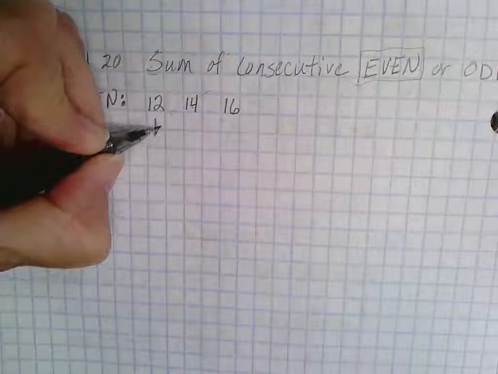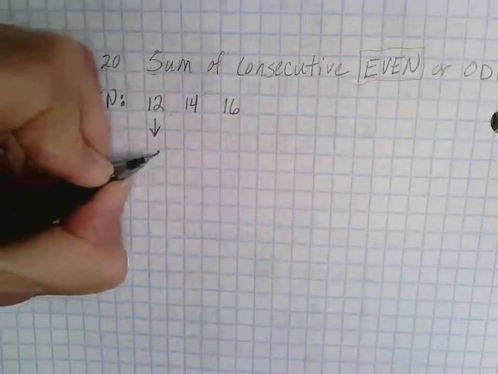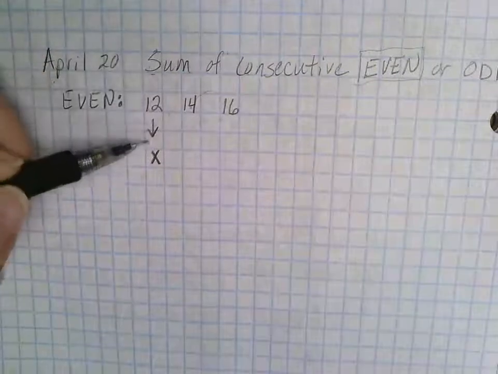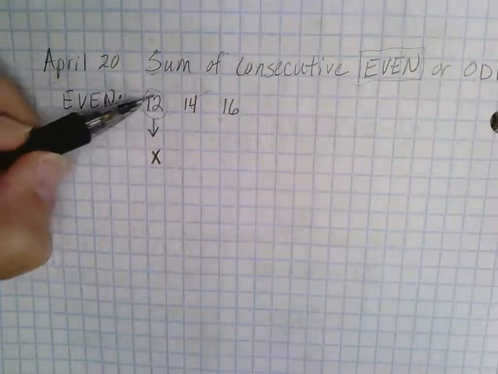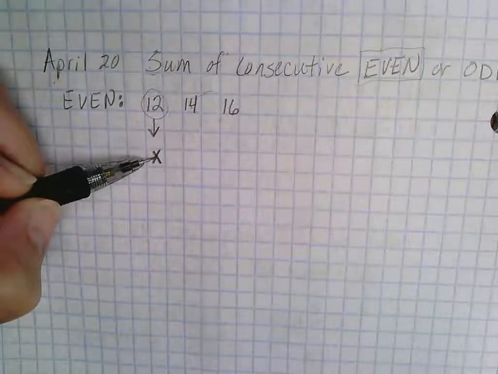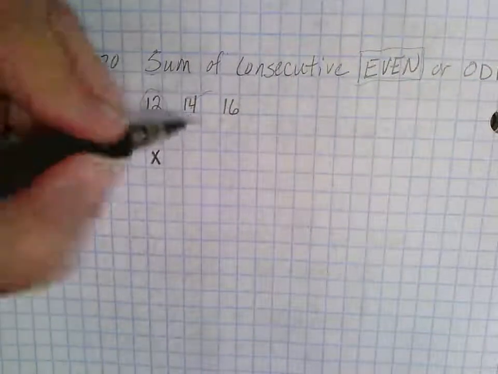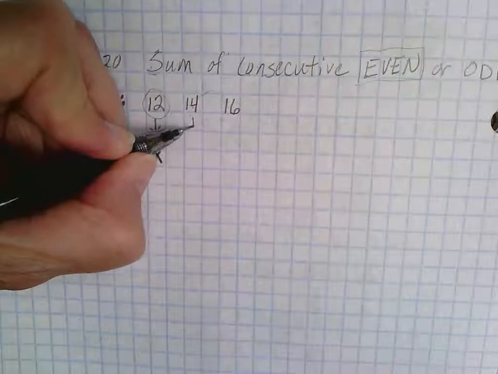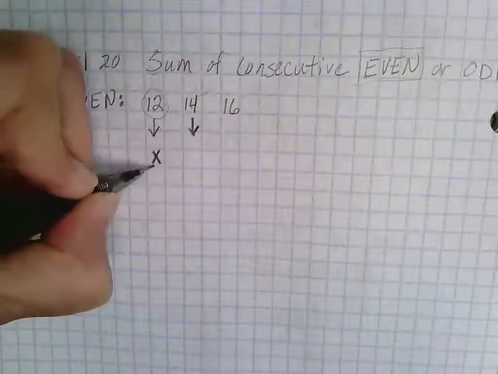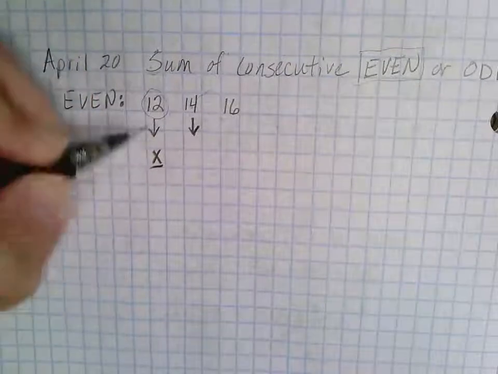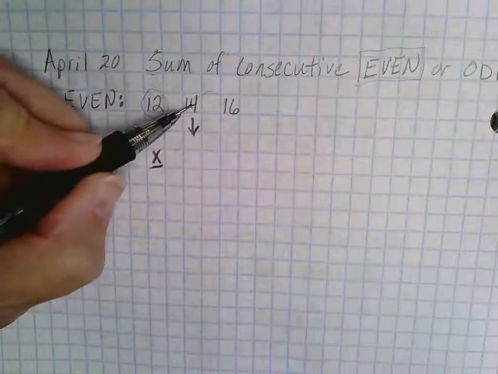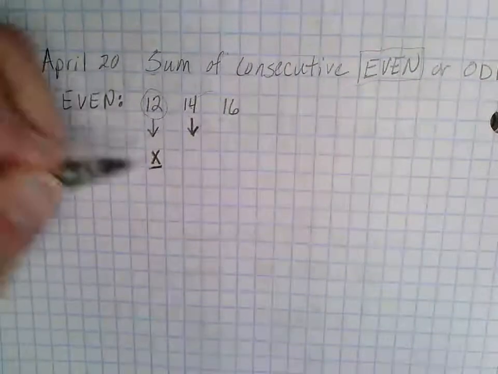So in terms of x, if I were writing an equation out, my first number, whatever I'm trying to find, is always going to be x. And then I'm going to ask myself, the next number, how would I write that algebraically in terms of x? That means using x as part of the representation for this number.